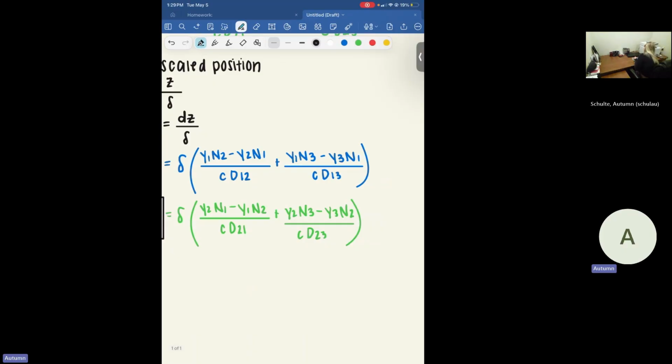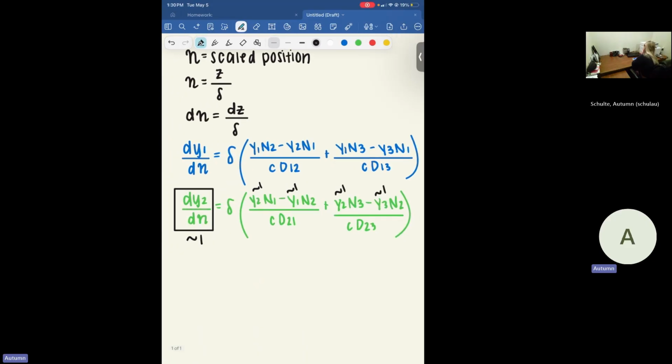We can also take a look at our mole fractions and approximate those to be 1 as well, because of their order of magnitude.